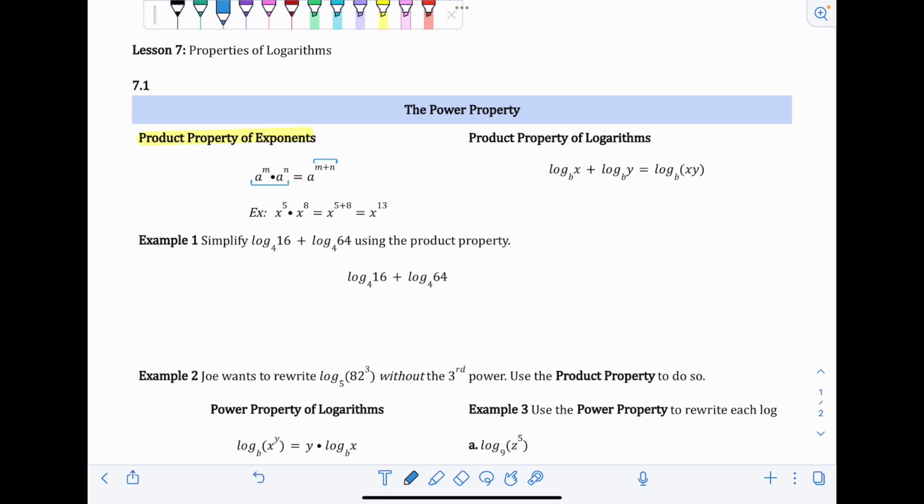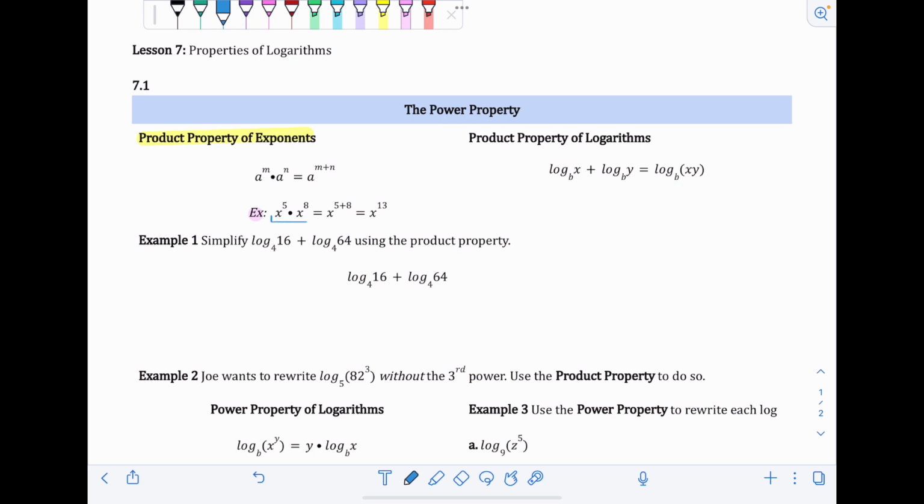Anytime you have two bases that are the same, in this case a and a, and they're being multiplied together, you can condense it down by adding the exponents together. For an example with some numbers in it instead of only variables: x raised to the 5th times x raised to the 8th.